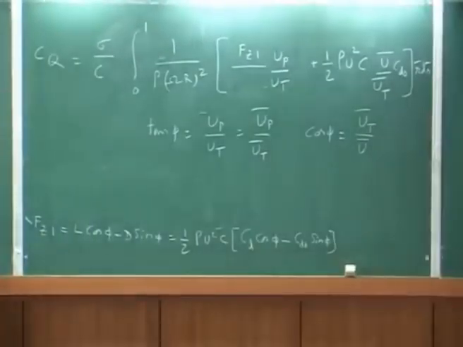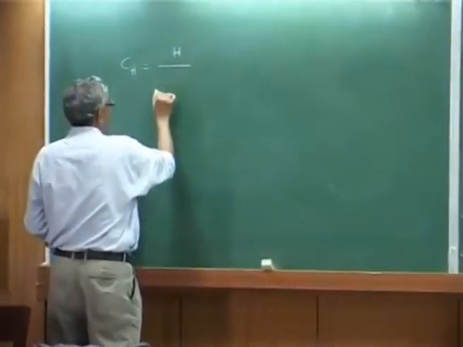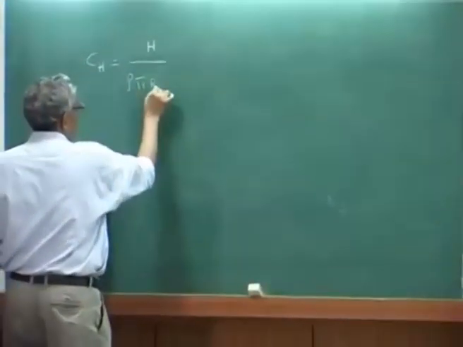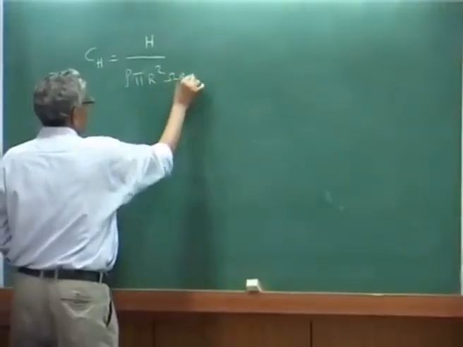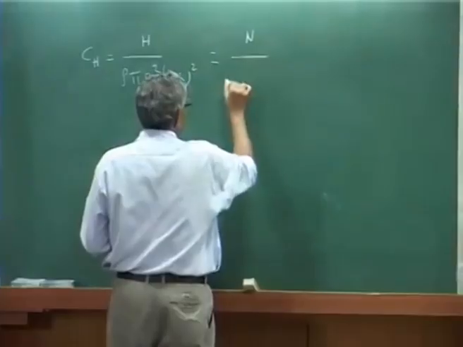Now, similarly, we will formulate another expression for the horizontal force, which is C h. Horizontal force C h is basically H over pi r square omega r whole square, times the number of blades.